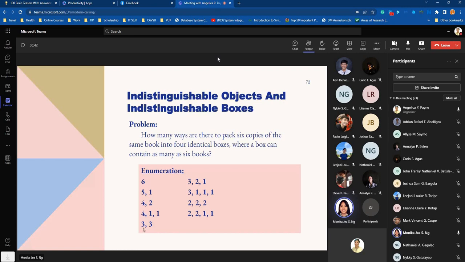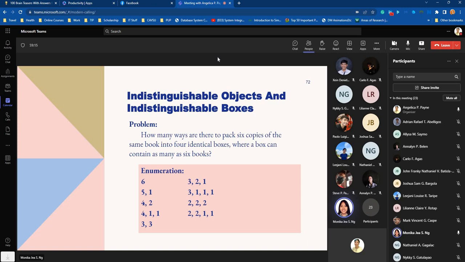We could also have 3 of them in one box and 3 of the books in another box. We could also have 3 of them in one box, 2 of the books in another box, and 1 book in another box. We could have 3 books in a box, then 1 in another, 1 book in another box, then 1 book in another box.